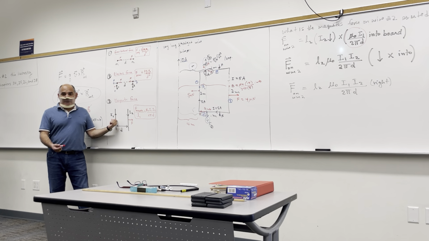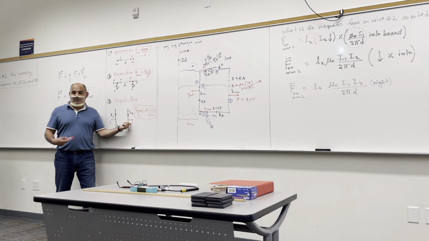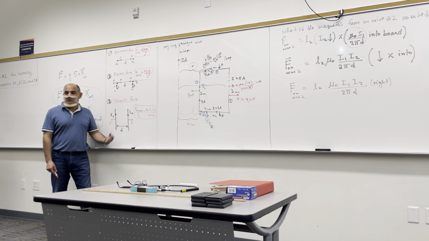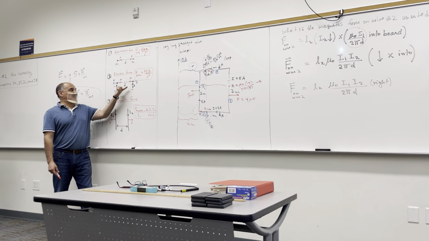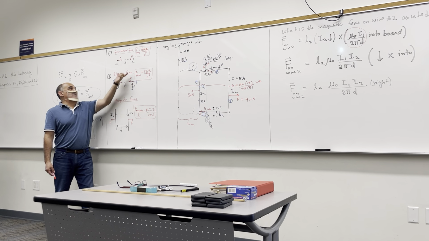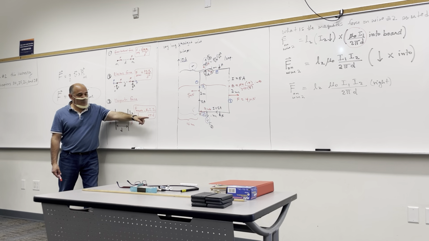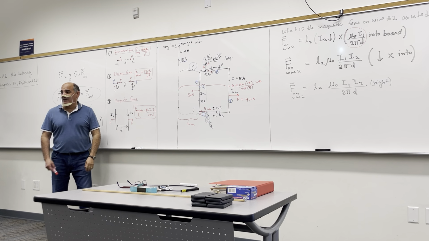This one to generate the magnetic field, and the other one has to have a current in the presence of the magnetic field of the first. So both of them need to have current, just as both of these need to have charges, just as both of those need to have masses. And then you divide by, well, it goes as 1 over d, not 1 over d squared.